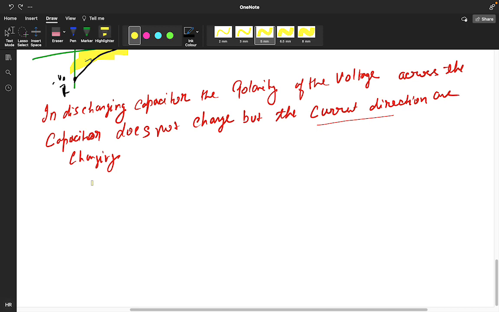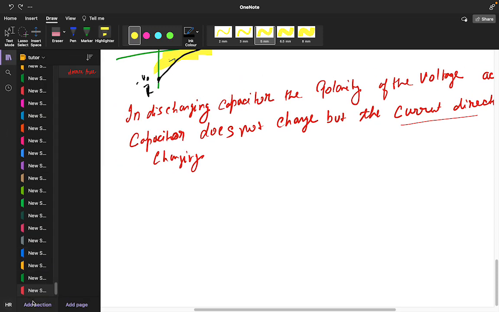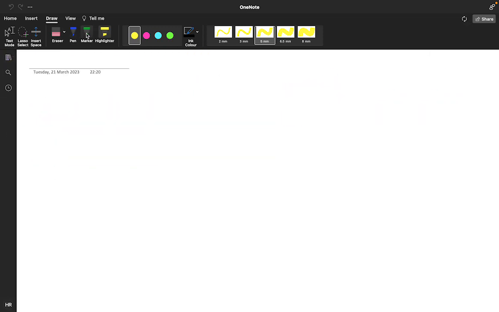Now the same thing we'll do for the energy concentration. So what is the energy for a capacitor?